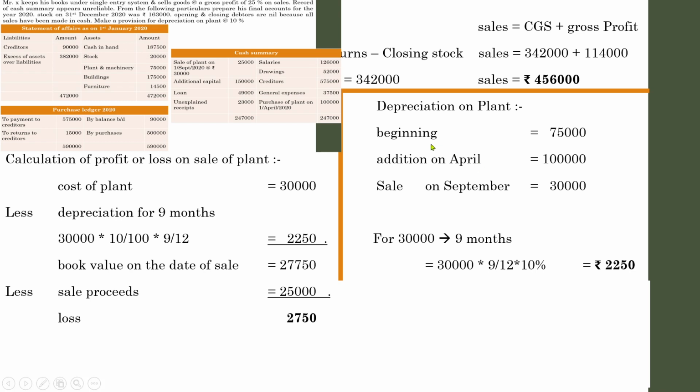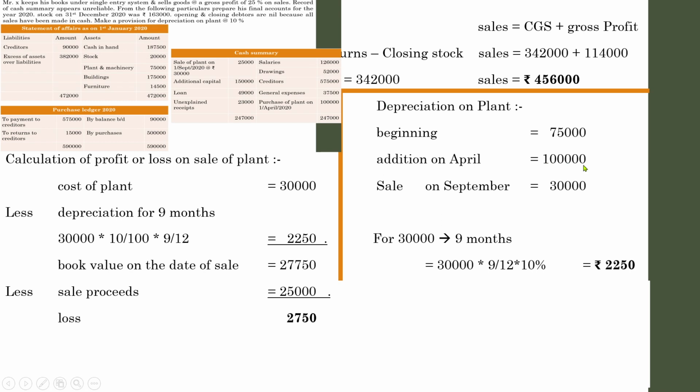We will come to that. So in the beginning there was 75,000, and out of 75,000, 30,000 was sold. Okay, for 30,000 we found the depreciation.